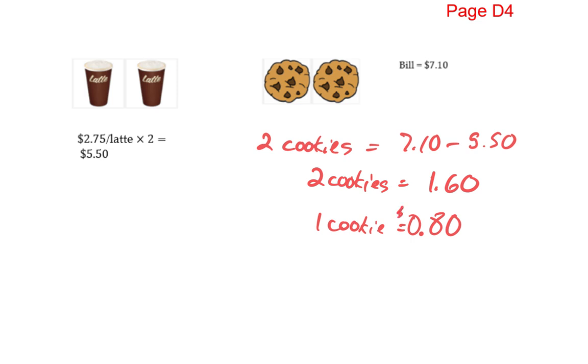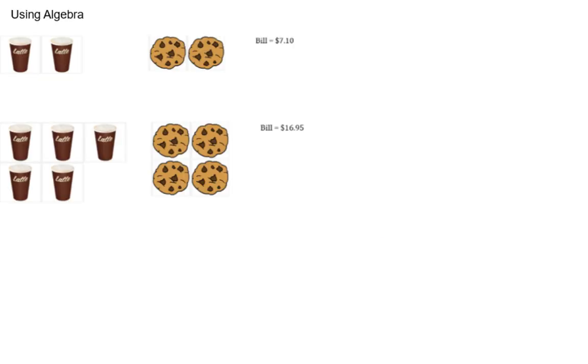So we did this visually. We could also have done this using algebra. Let capital L be the cost of a latte, the latte cost. And we're going to let capital C be the cookie cost.